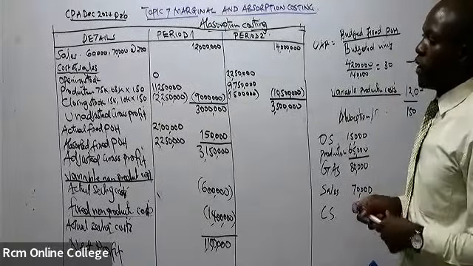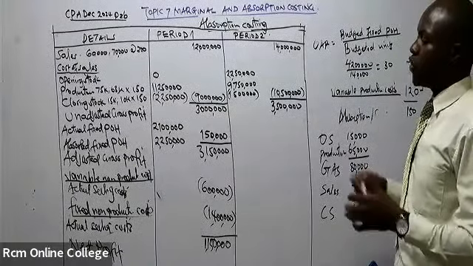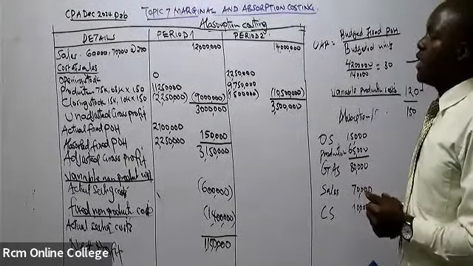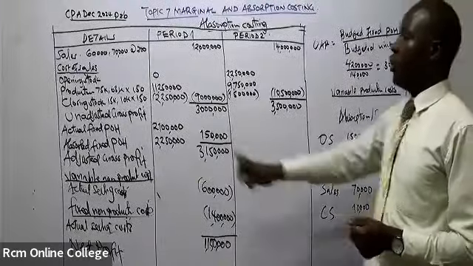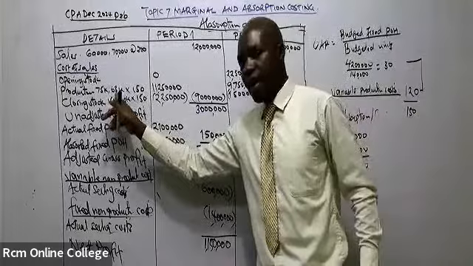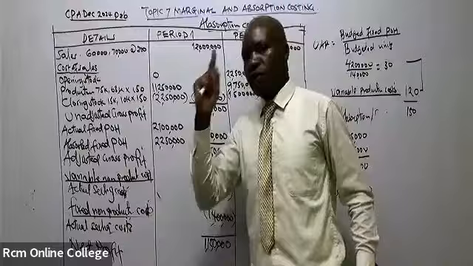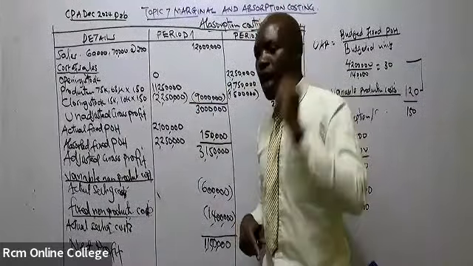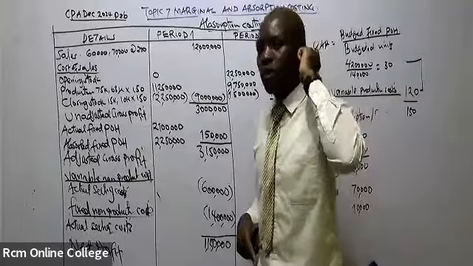Is it true that the company managed to produce the 140,000 units in period 2? The answer is no. They only produced 65,000 units. So that will result in either over or under absorption of overhead.